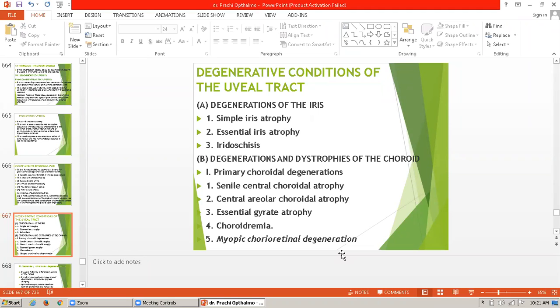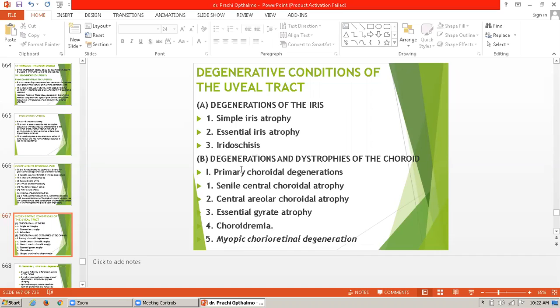So, the degenerative conditions of the uveal tract show many types. In that first one is degeneration of iris. In that three types, that is simple iris atrophy, essential iris atrophy, and iridoschisis.